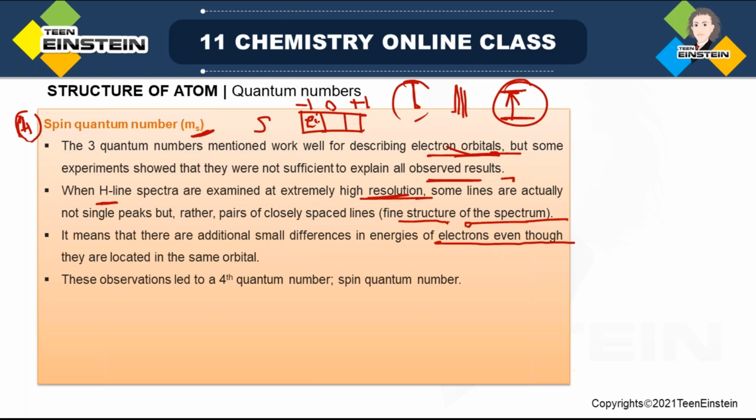These 2 electrons should give a similar type of line spectra, because all the quantum numbers for these 2 electrons are the same: principal quantum number same, L same, ML same, because they are in the same subshell. But you are getting different results for these 2 electrons. That means there is some difference between these 2 electrons. They are not completely alike.